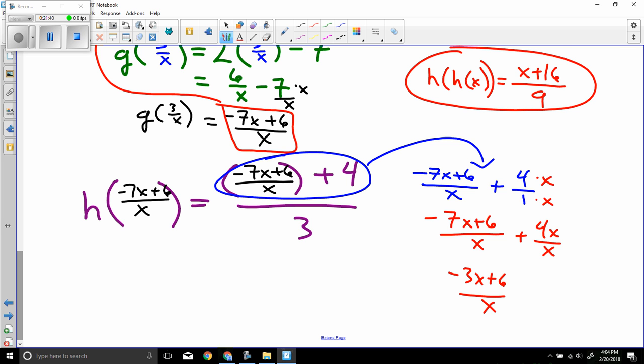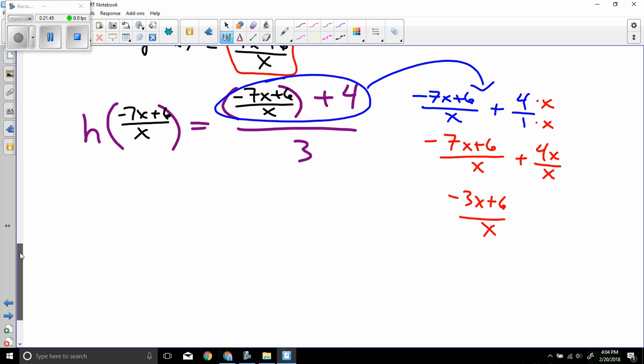Now don't forget, that's just the top part. So maybe we should rewrite it. That's the top part, negative 3x plus 6, all divided by x, and then I have divided by this 3. Same exact logic we did before. I don't like this 3 on the bottom. Instead, I'd rather multiply by a fraction. What's the reciprocal of 3? Well, 1/3.